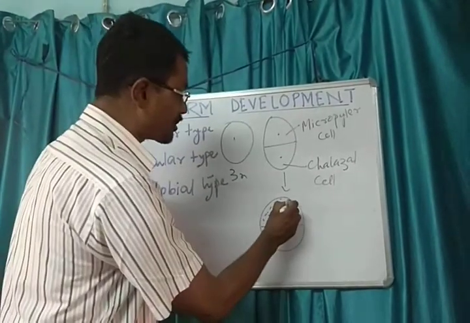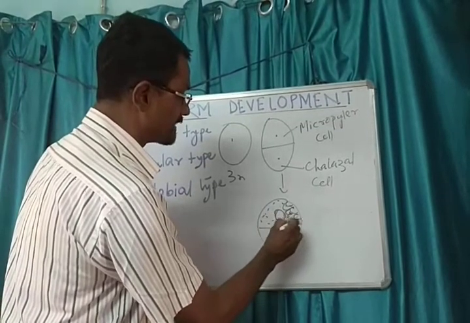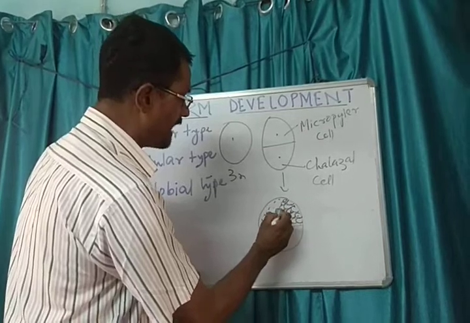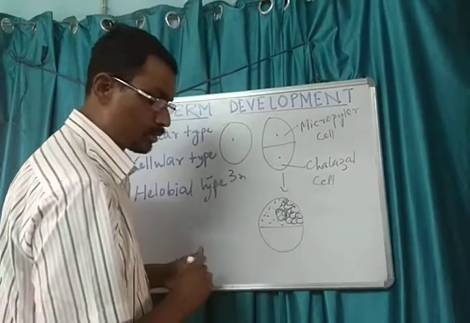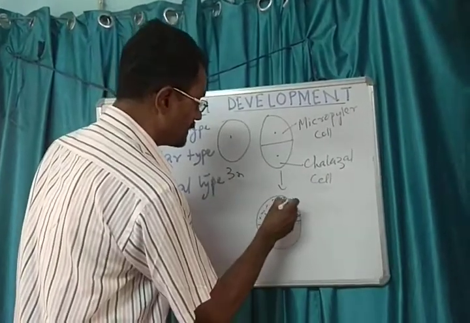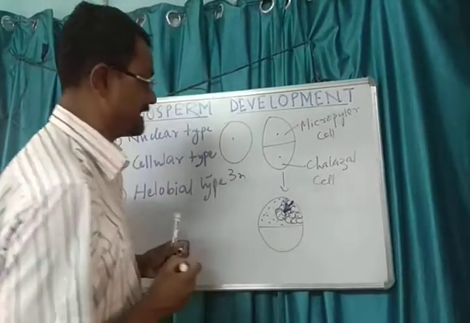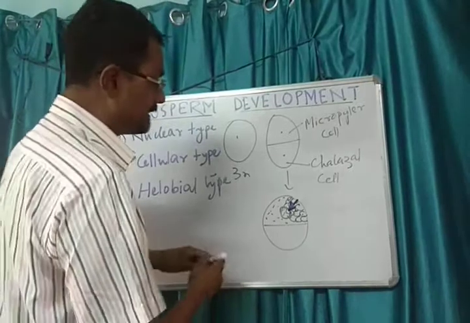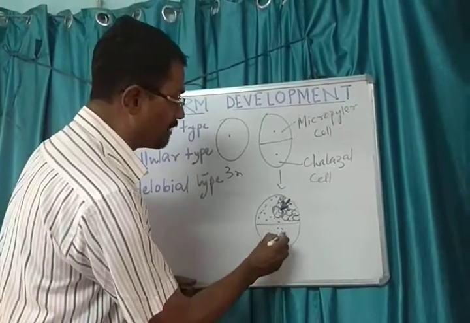Then wall formation starts from the periphery towards the center, and ultimately it will cover the vacuole also. So its development is from the periphery towards the center.